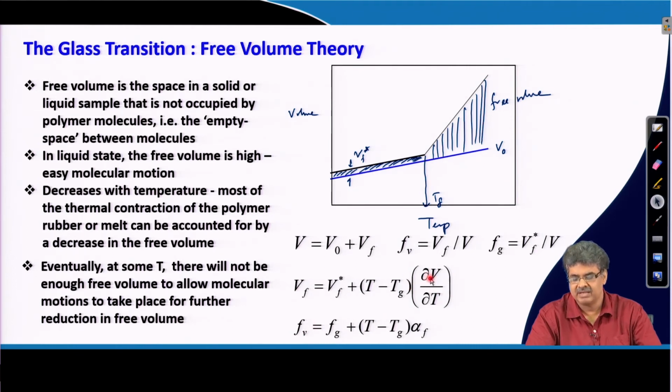So, 1 by V dV by dT will be given by the coefficient of thermal expansion of free volume. So, alpha F is the coefficient of thermal expansion of free volume.